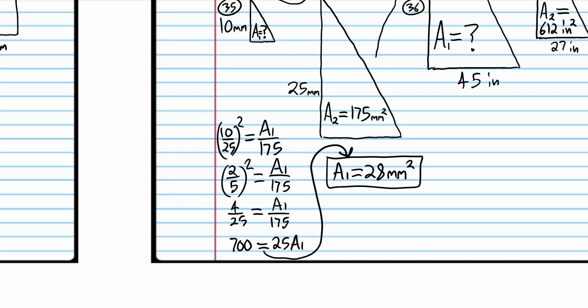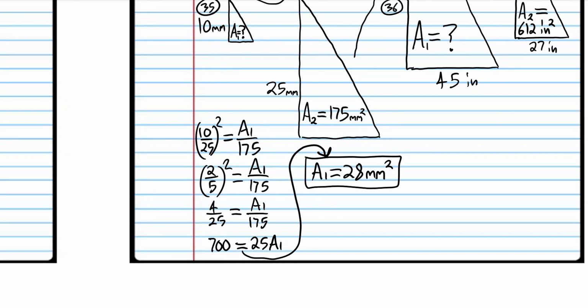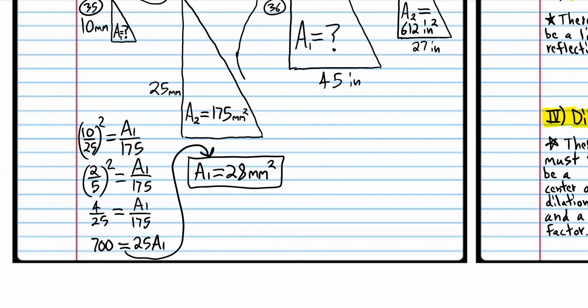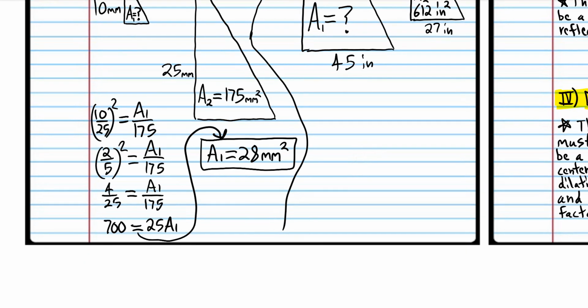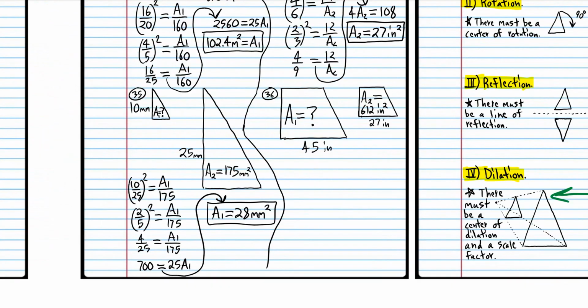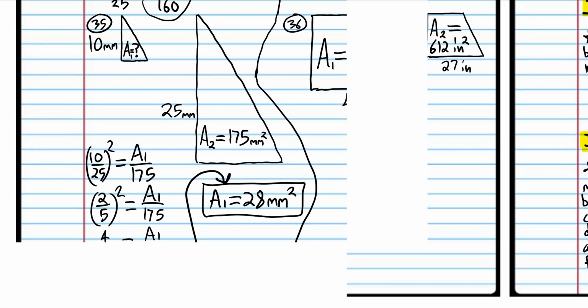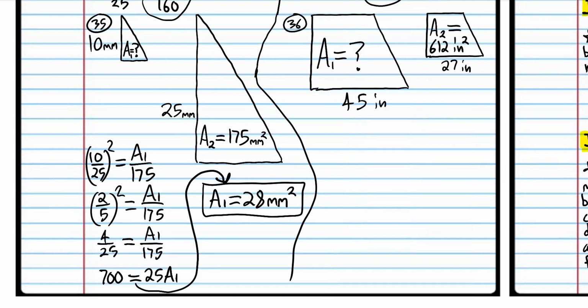So if we got that answer, good job. Be sure and write your units. All right, go ahead and try number 36. Let me put a divider here. Go ahead and try number 36, and when you come back, we'll do it together.